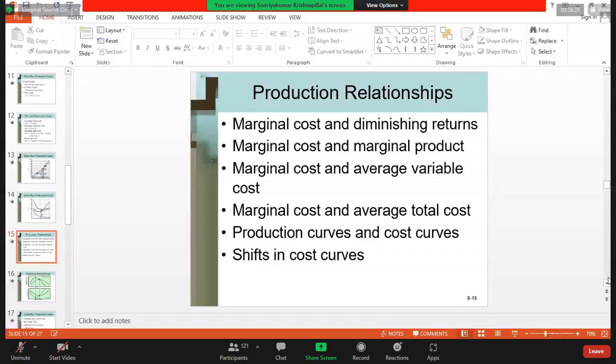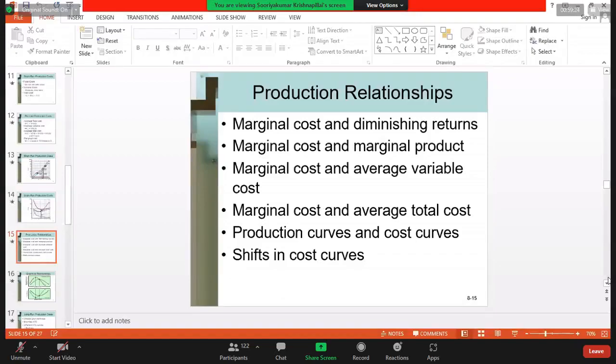But the variable input price changes. When the variable input price changes, the average variable cost shifts upward, then the average total cost also shifts upward. The marginal cost curve also shifts upward if the variable input price increases. If the variable input price increases, the average total cost, average variable cost, and marginal cost all shift upward to produce each additional output.